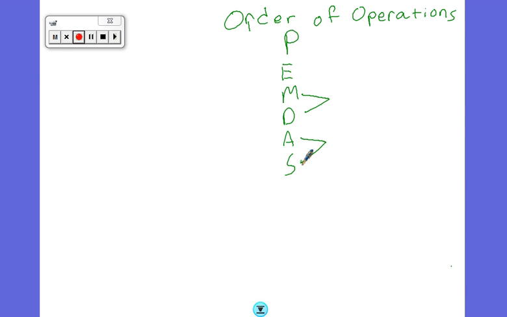So we're going to take this thing we just talked about. How do you spell parentheses?